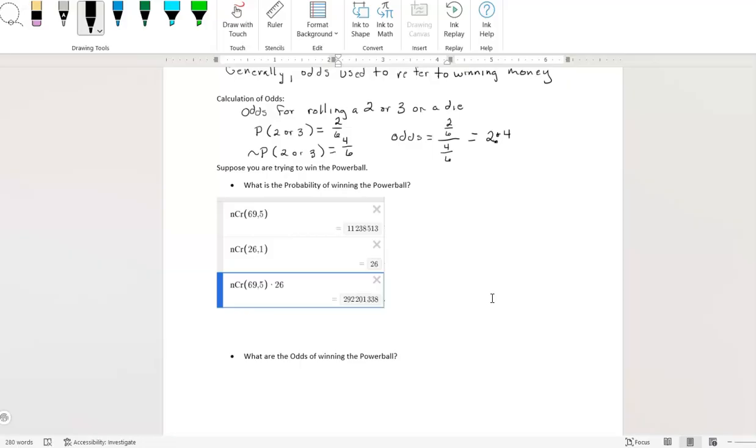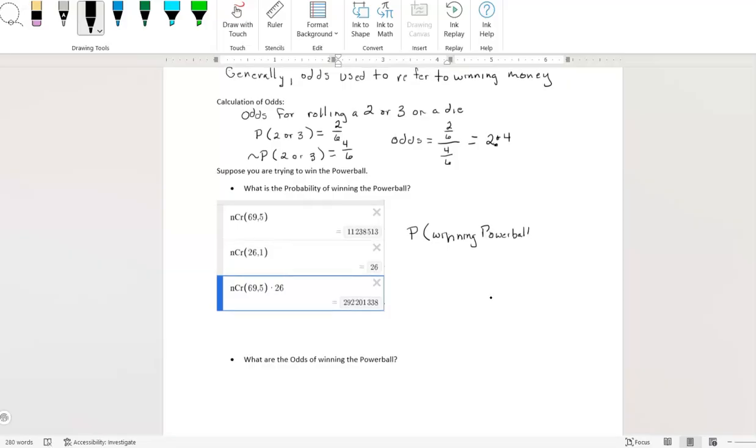In order to figure out the number of possibilities, one ticket is a winner, and then there are 5 white Powerballs out of 69 possible balls in there.